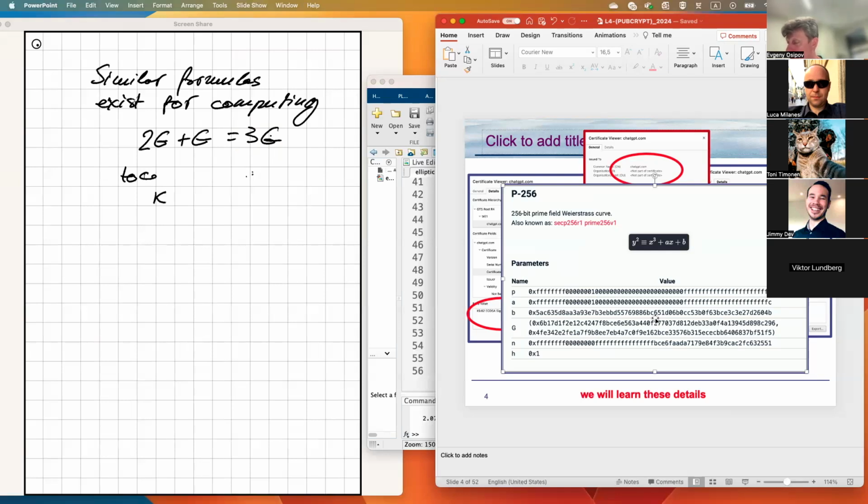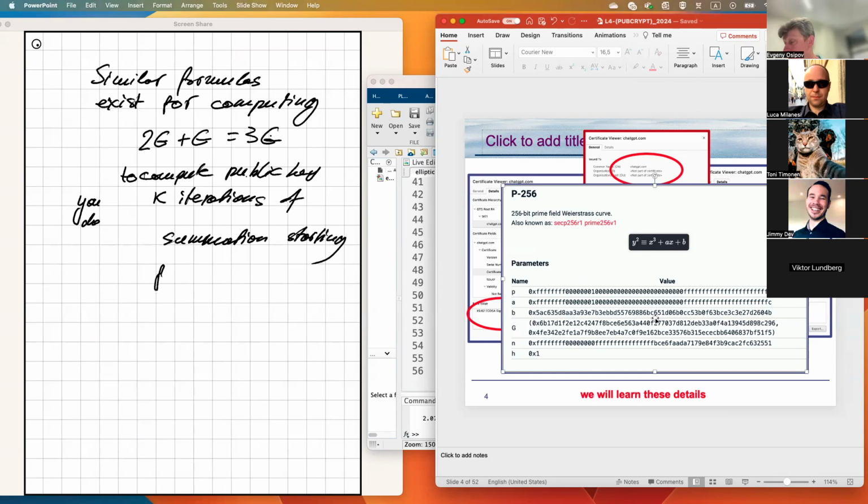So to compute the public key, you do K iterations of summation starting from G, which is given to you by the specification over here.